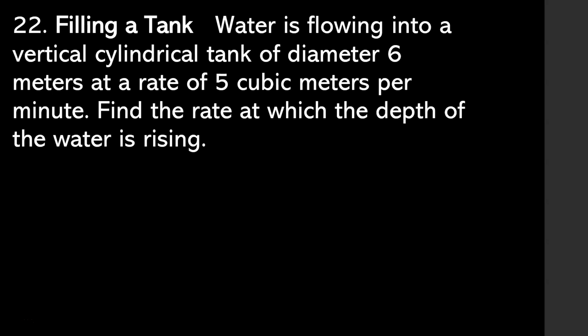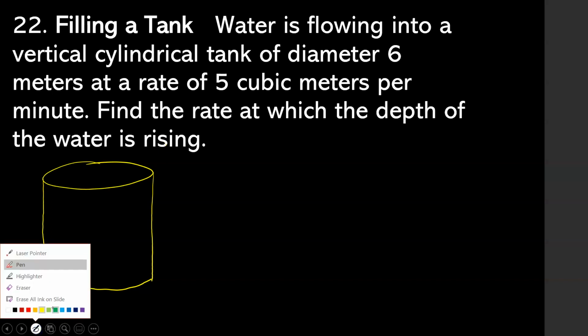All right, let's give you a chance to read this. All right, I assume you have. So a vertical cylindrical tank looks like that, and we need water flowing in. Water should be blue.